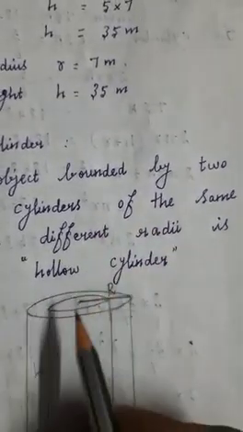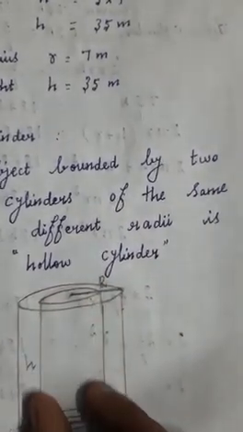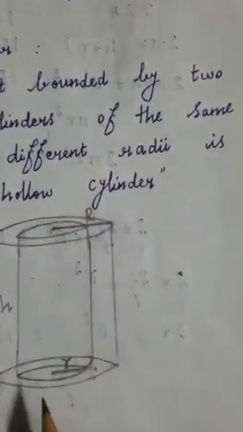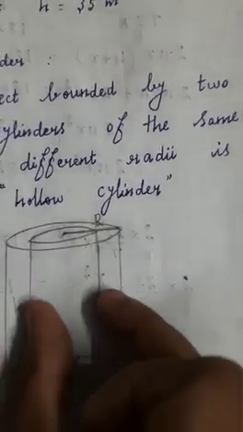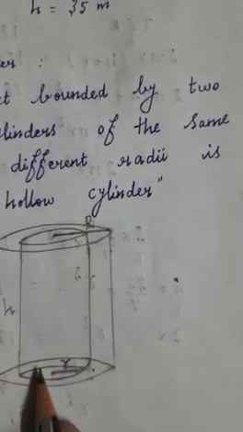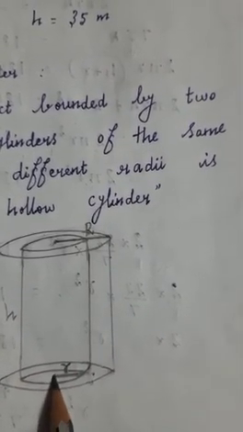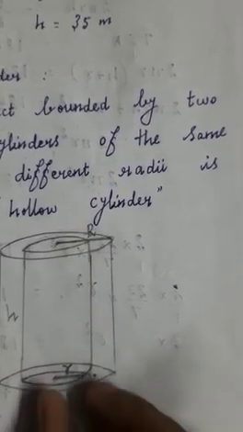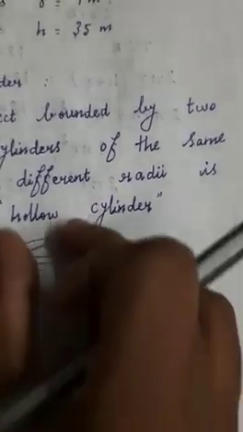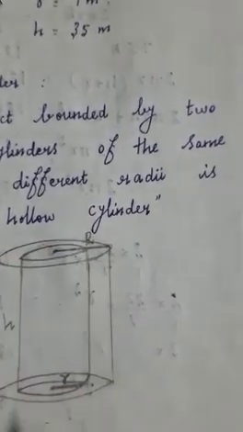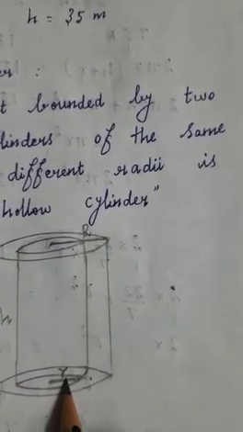What is the radius of the inner cylinder? Taking this circular region, from the center to this boundary is the inner radius, because we are considering the inner cylinder. You can take it as small r.